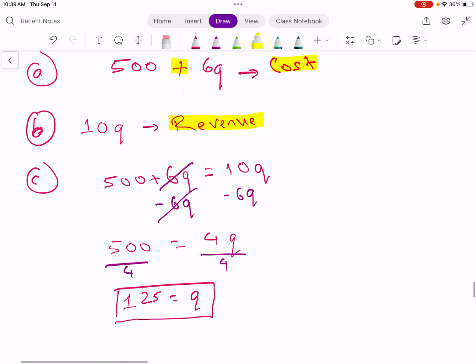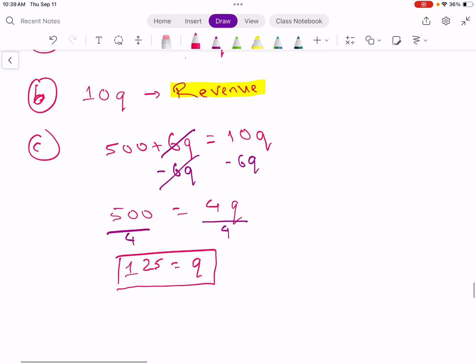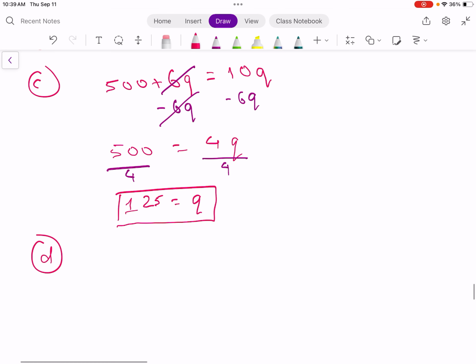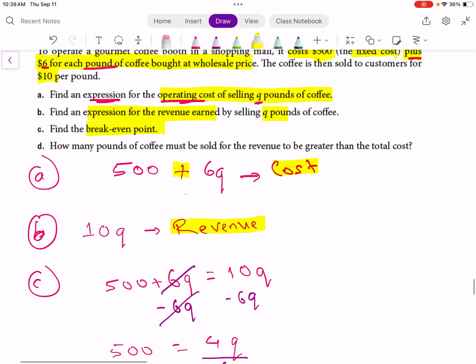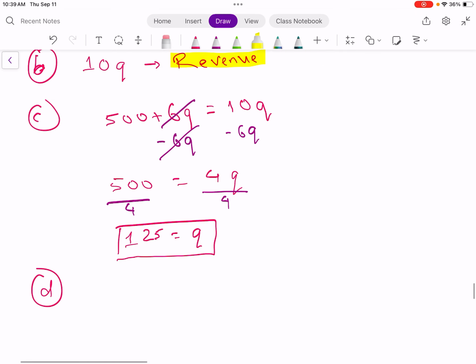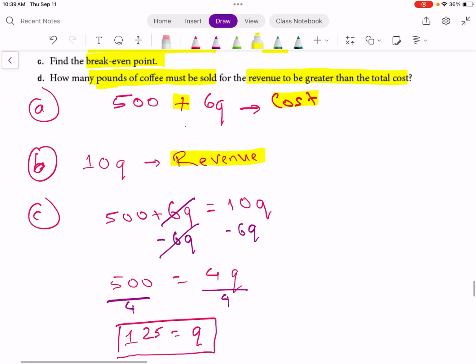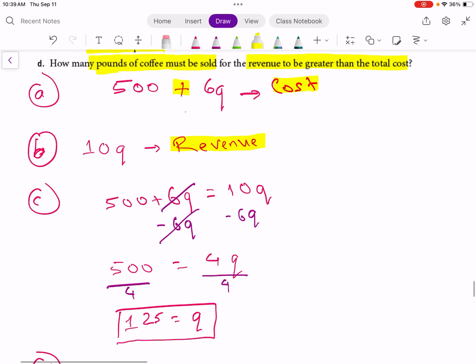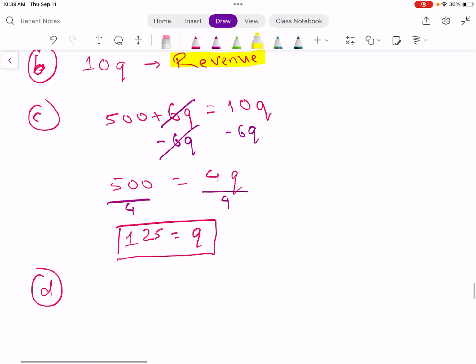Okay, now let's go to part D. Here, how many pounds of coffee must be sold? So we need to find Q for the revenue to be greater than total cost. Now how do we rewrite that as a mathematical statement?